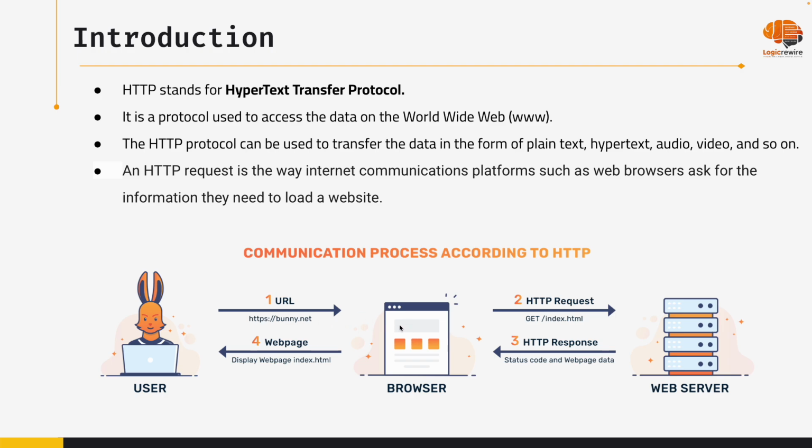He just types some URL, like here you can see bunny.net. You can see that the URL already has HTTPS attached, because HTTPS is nothing but a set of rules, a set of protocols. It's a layer through which our data communication will happen.